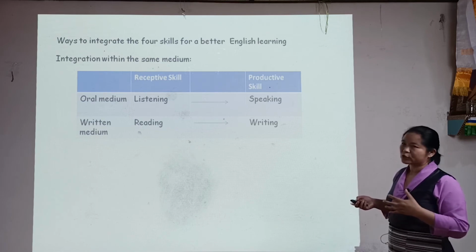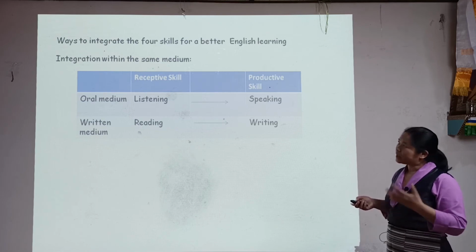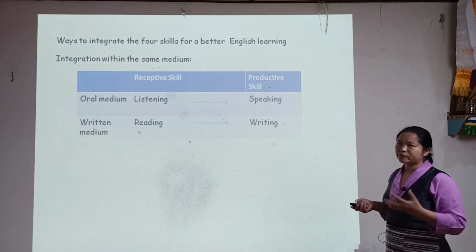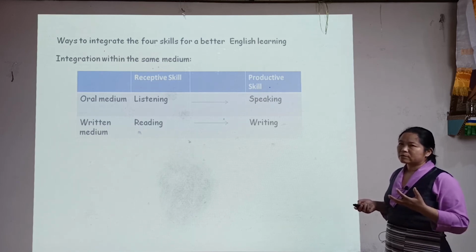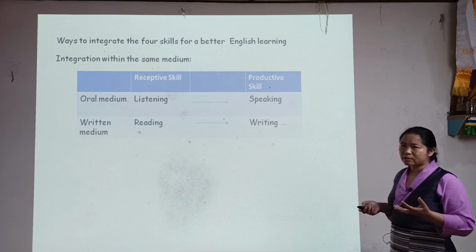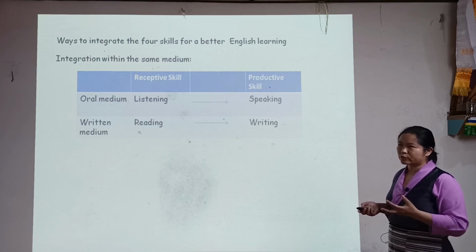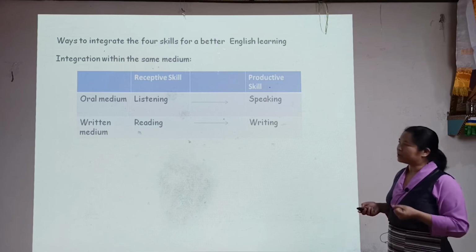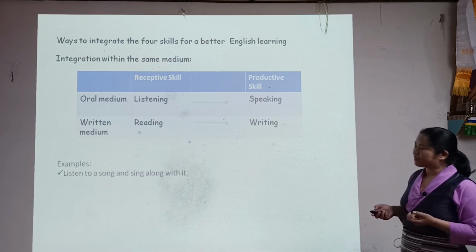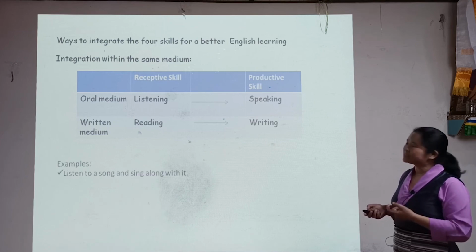Now, in the next part, I would like to share a few activities, or a few simple tips, for the parents to help their children in the present situation to develop or learn English, with a few examples. The first example is listen to a song and sing along with it.